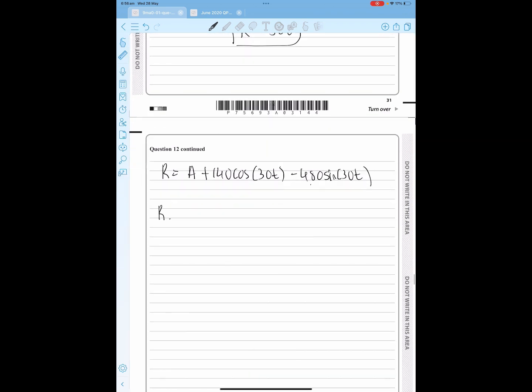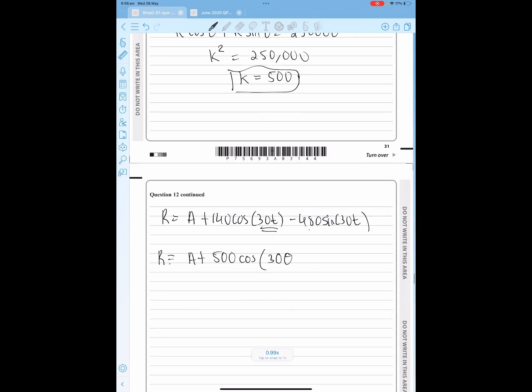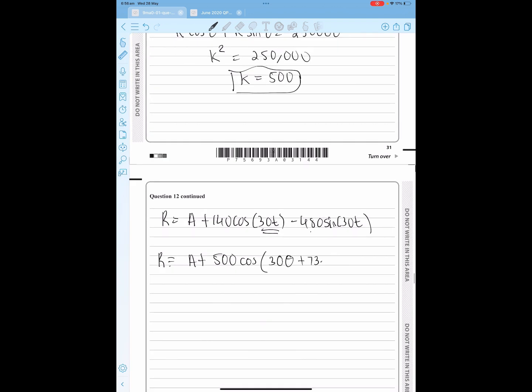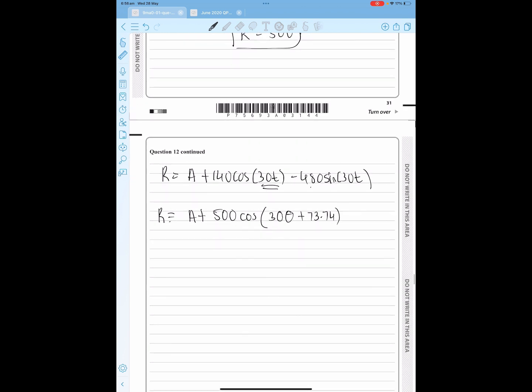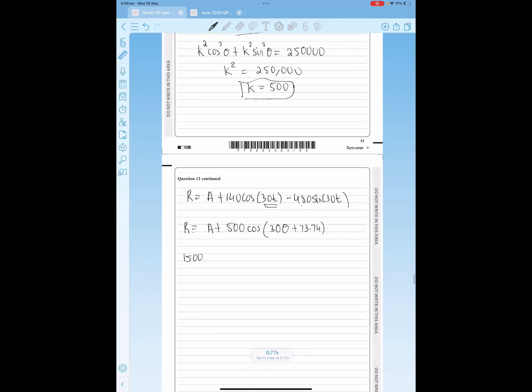We can rewrite that as R is equal to A plus, K was 500, cos 30 theta this time, because there's a 30 in front, plus alpha, which was 73.74. Now it says the maximum value was 1,500, and we need to find this model, so we need to find the value of A. So 1,500 is equal to A plus 500 cos 30 theta plus 73.74.